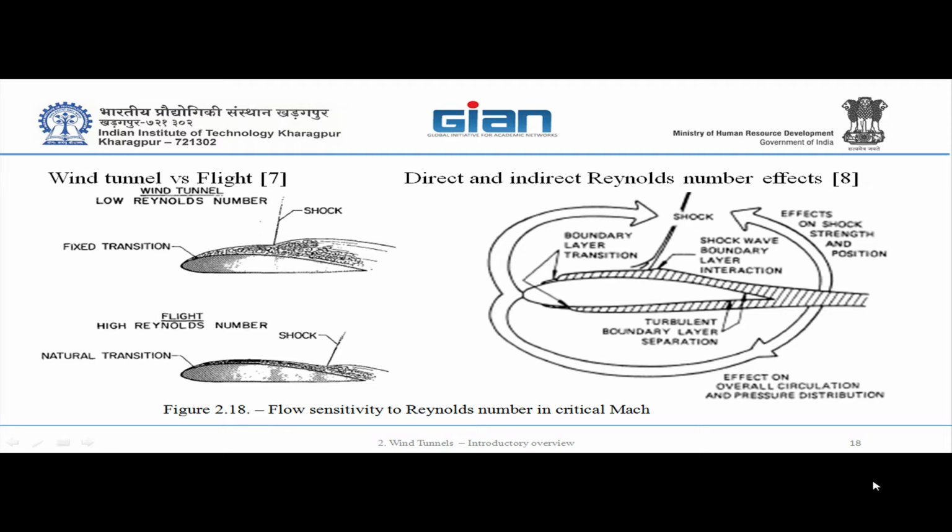So by initiating the transition, you are moving the location of the shock wave forward, and then you get this phenomenon that we saw earlier on this earlier viewgraph slide.